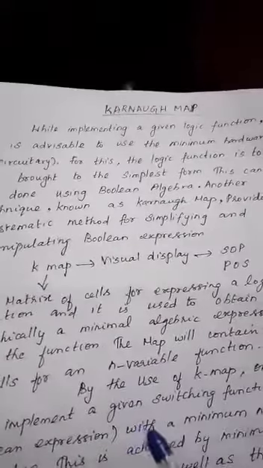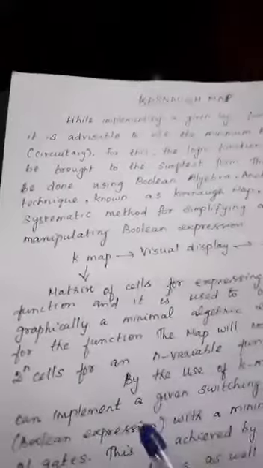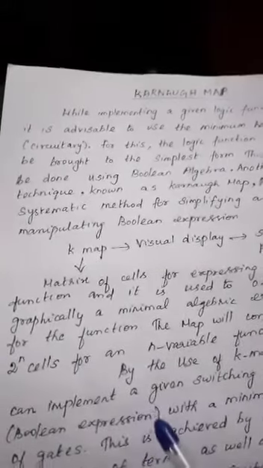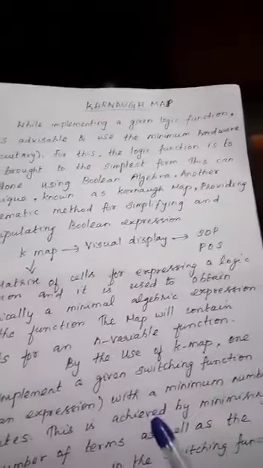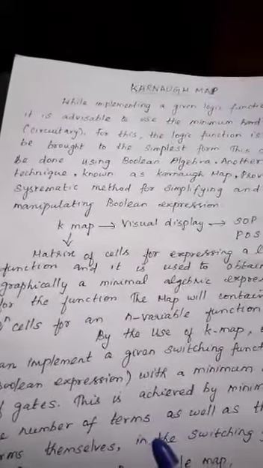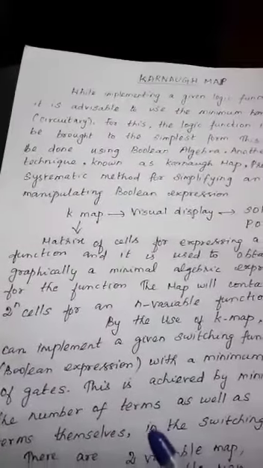The map will contain 2 to the power of n cells for an n-variable function. By the use of the Karnaugh map, one can implement a given switching function, that is the Boolean expression, with the minimum number of gates.